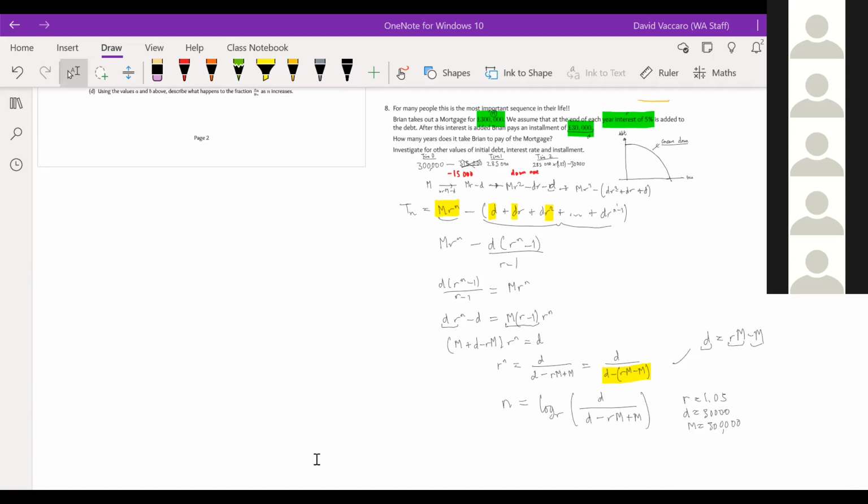Do you think it's going to be 20 years, 100 years? I'm just putting in the figure. I'm hoping to see lots of guesses in the chat.